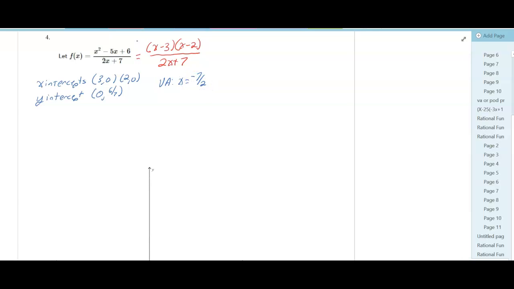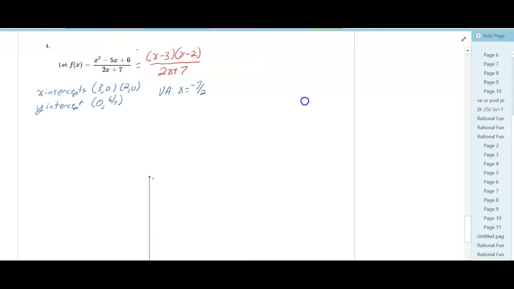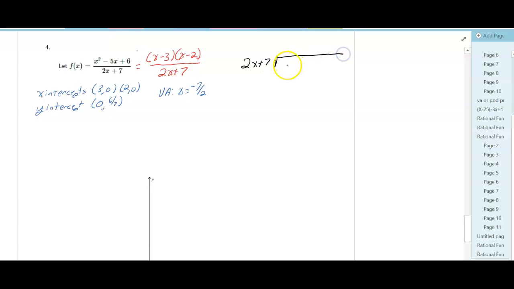And since the degree of the numerator is exactly 1 more than the denominator, you can divide. I'm going to do long division. So x squared minus 5x plus 6. How many times does 2x go into x squared? 1/2 x. I'm going to multiply.